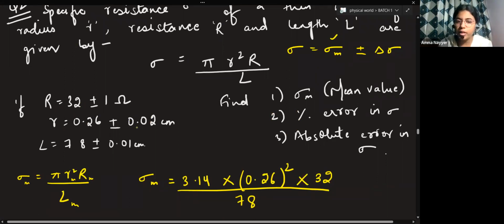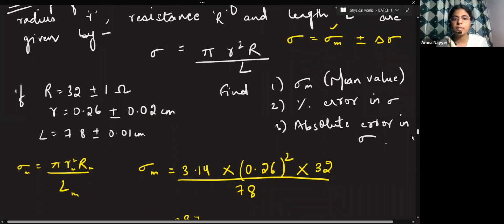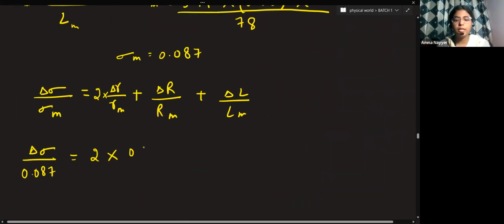So it will be 0.02 divided by 0.26. Delta r divided by Rm. Okay, Aram, you tell me how will I write this? Delta r by Rm. What will be the value that I'll write?